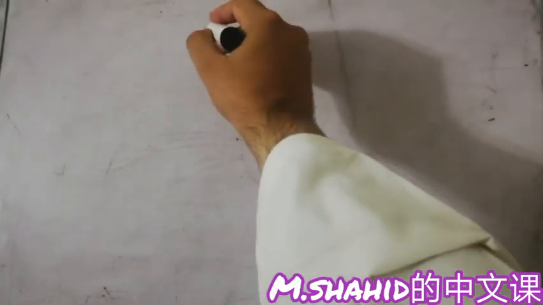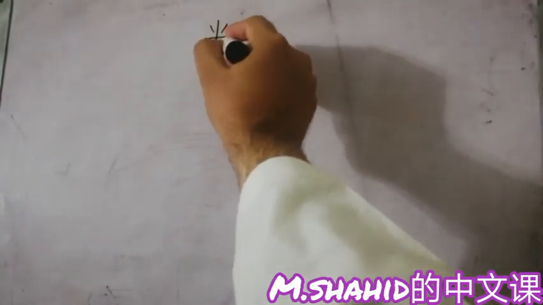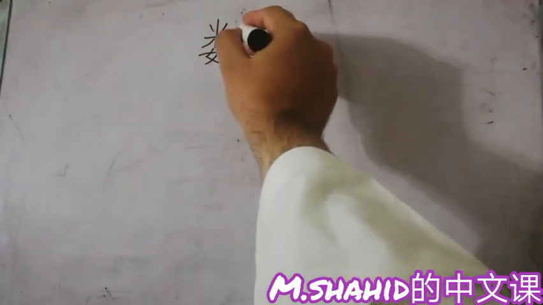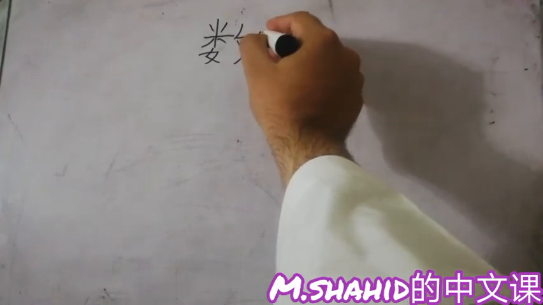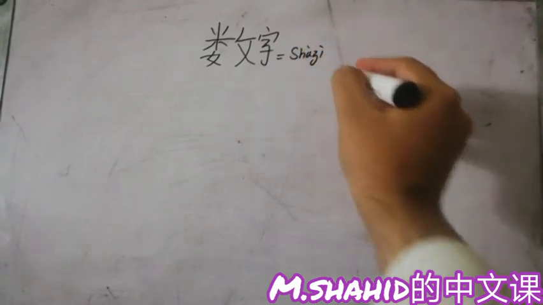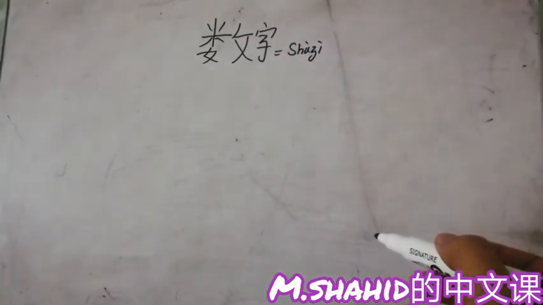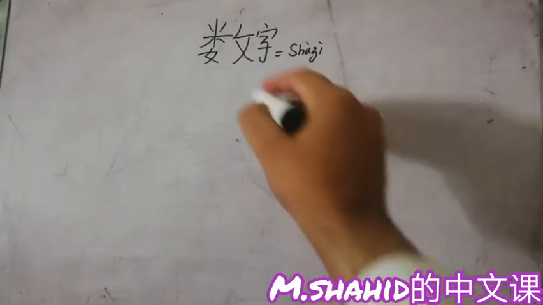Numbers in the Chinese language, as I mentioned in my previous lecture when we were learning numbers from 0 to 20, that was 数字, numbers.